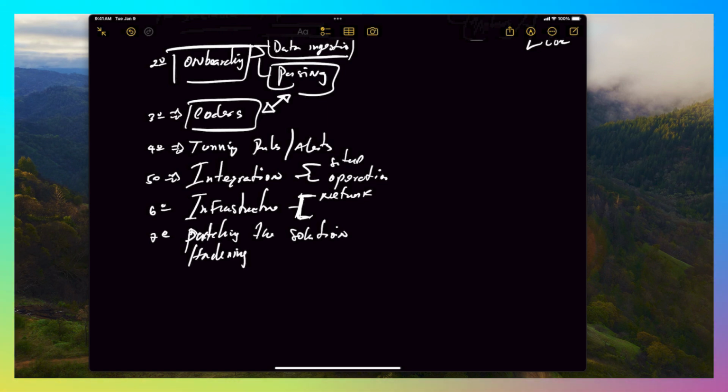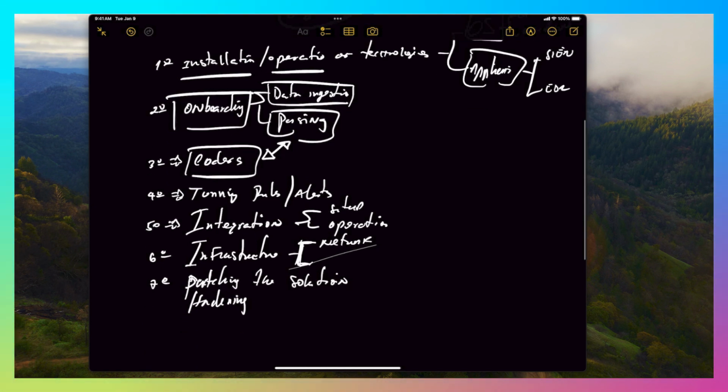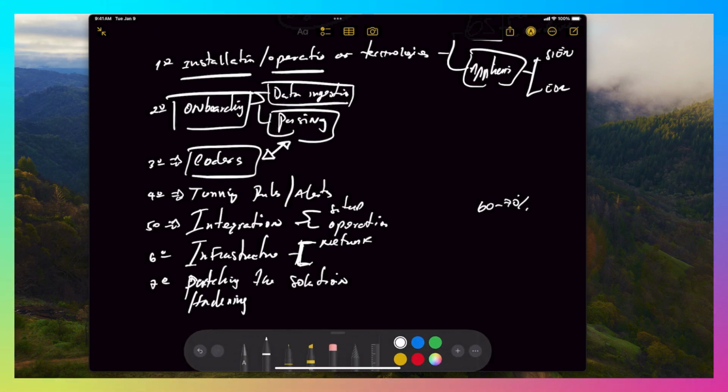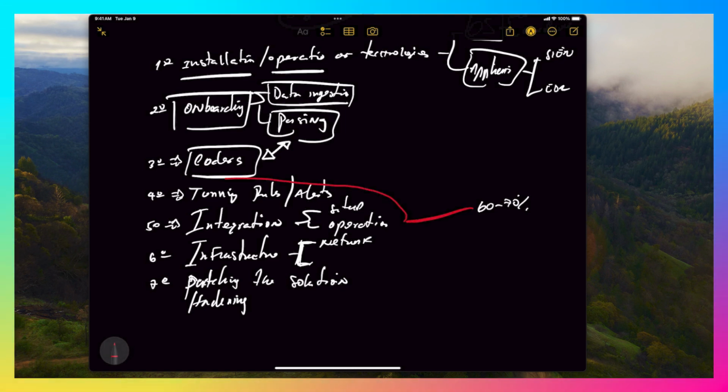So basically, busy things to do, tuning up rules every single day. I would say that overall, 60 to 70% of the daily work of a SOC engineer is going to be in this area right here.